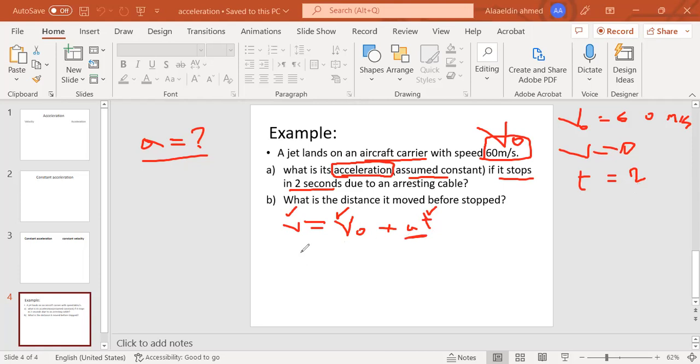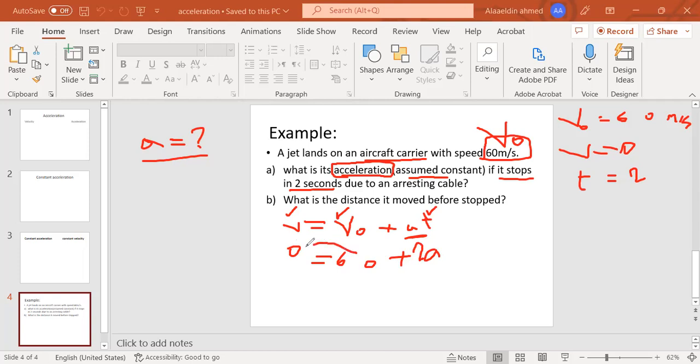V is 0 equals v naught 60 plus a, which is unknown, times t, which is 2.